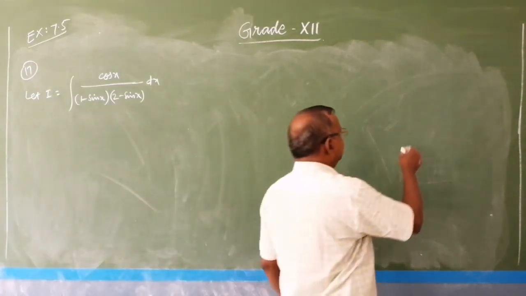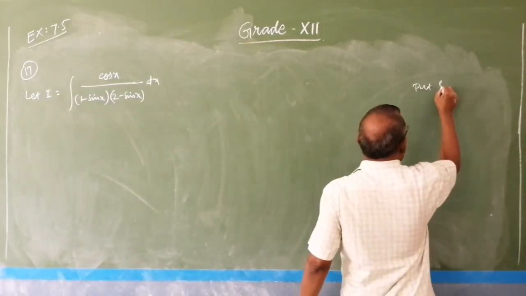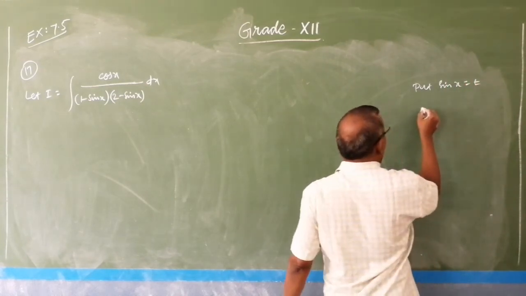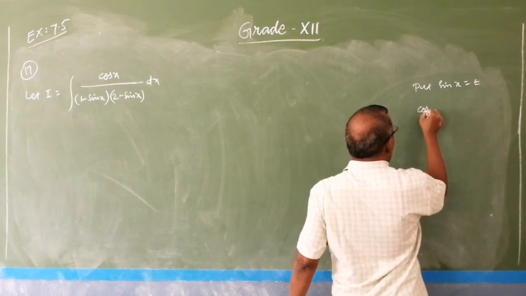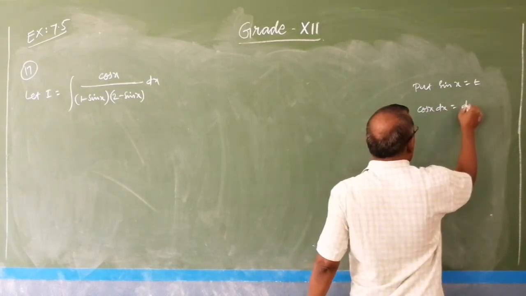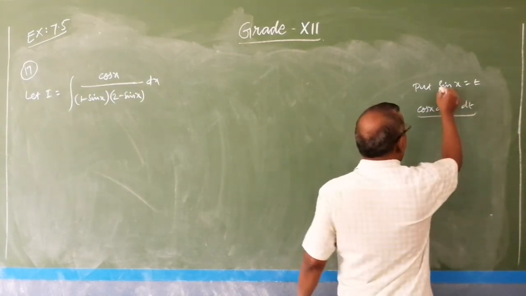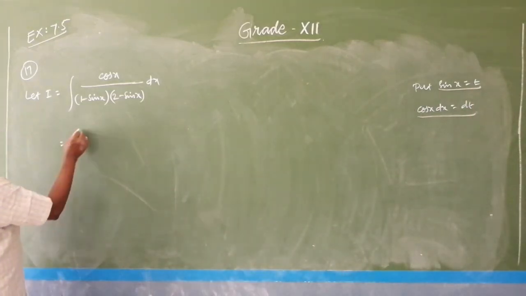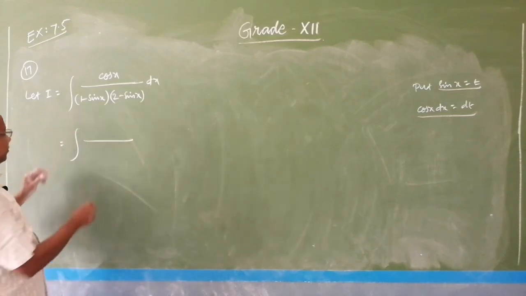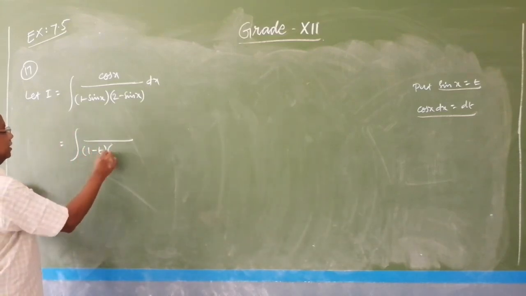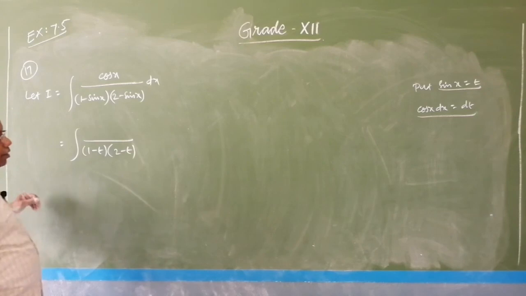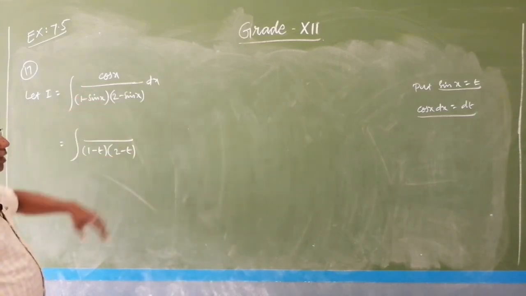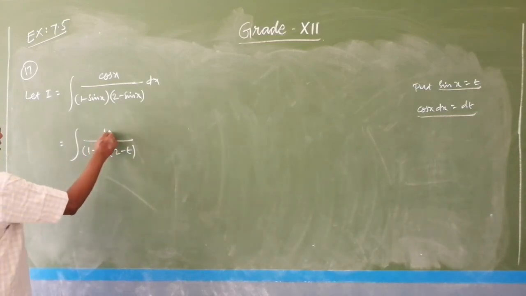Accordingly we can do, put sin x equal to t, so cos x into dx equals dt. We can substitute this here, so I equals integral, in the denominator 1 minus t into 2 minus t. So sin x equal to t means 1 minus t into 2 minus t, and the numerator cos x into dx equals dt.